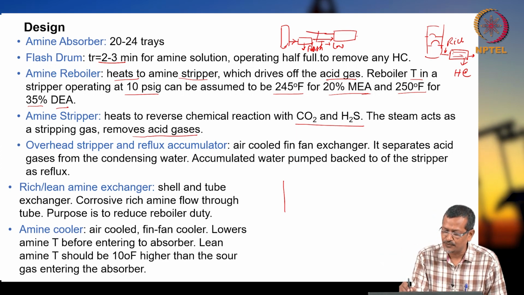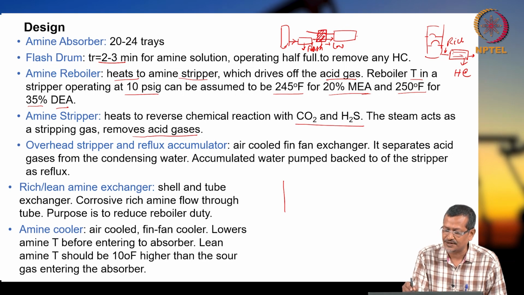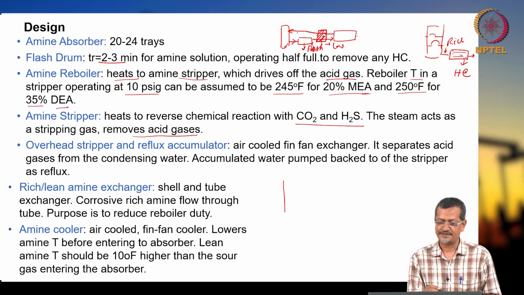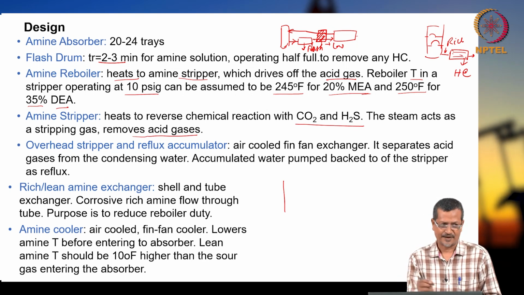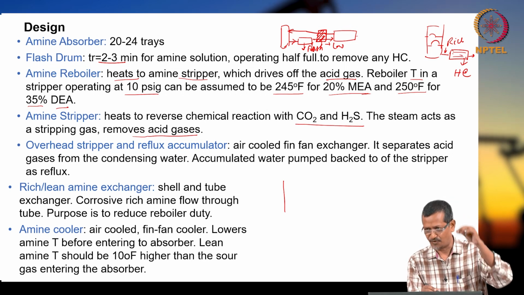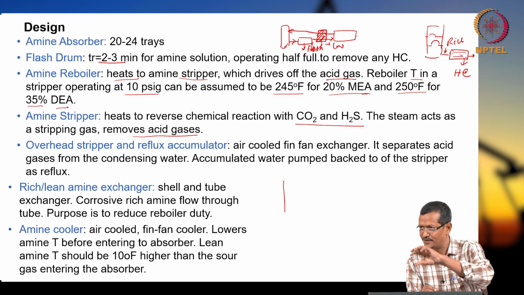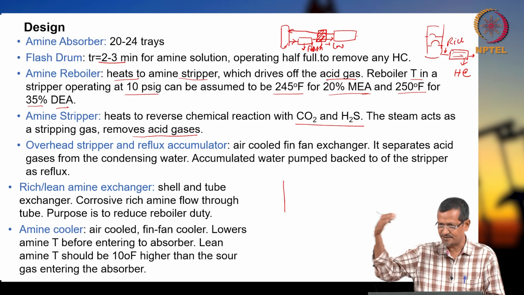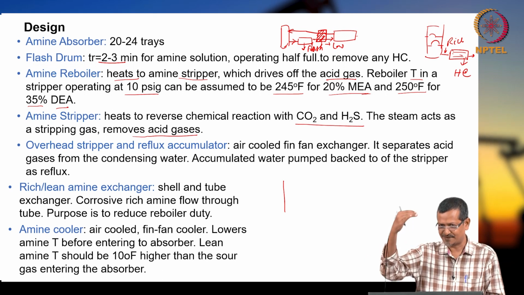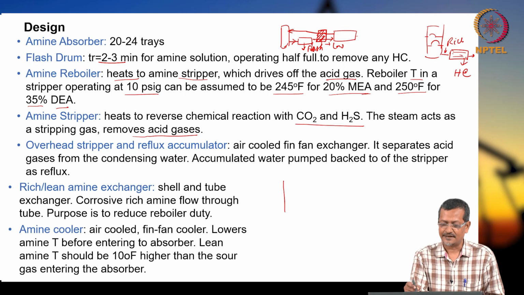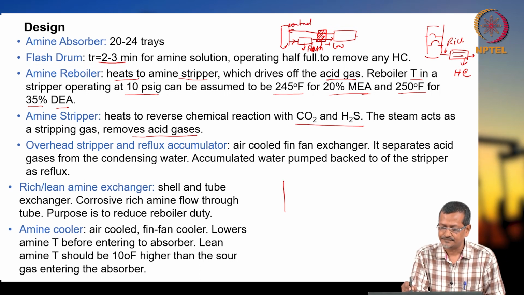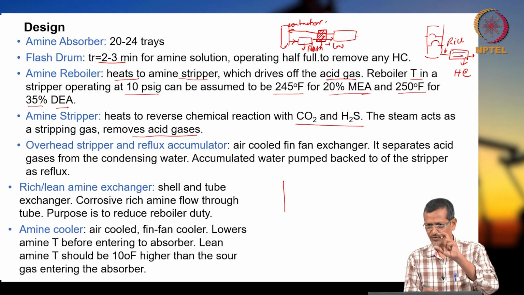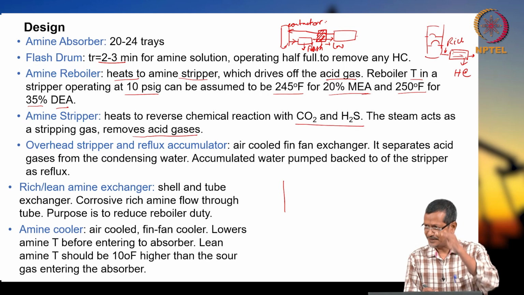So what you do is use one heat exchanger here. What will this heat exchanger do? It will increase the temperature of the fluid coming from your contactor column going to the reboiler section. It will take some heat from the exit fluid from the reboiler, which is at higher temperature. So that temperature will go down, because in the contactor column it is a low temperature reaction, so you have to reduce the temperature.